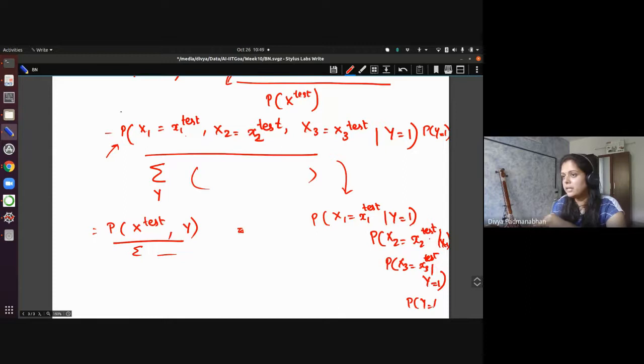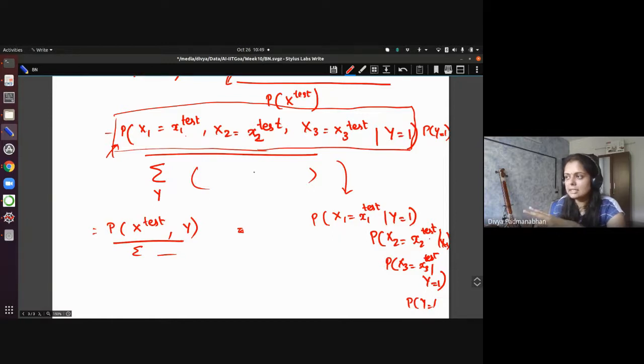So this term, you're going to simplify. That's the assumption in naive Bayes, that all these are independent given y, and each of these you are able to learn with some data.